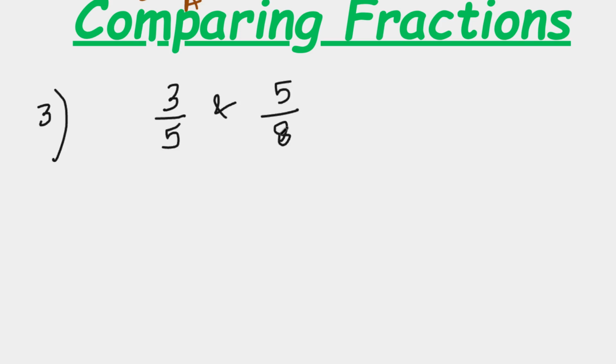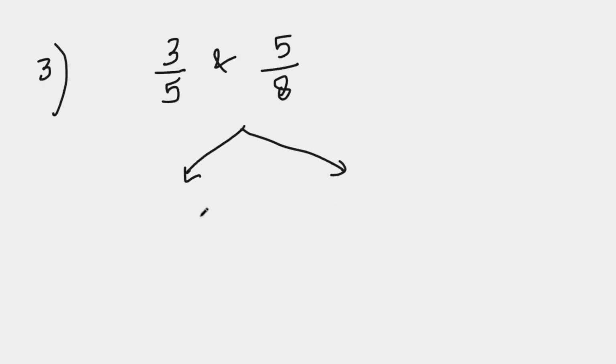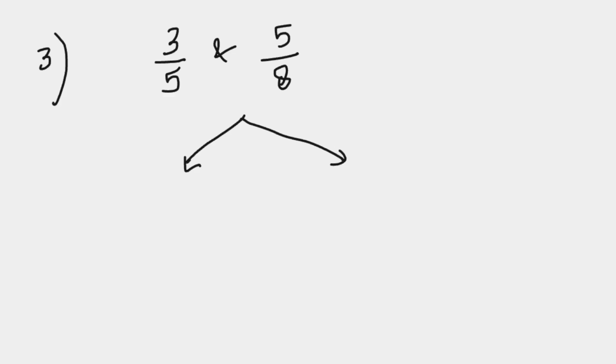Here you see numerator and denominator both are different, so we can use two different methods to compare. First is to make the denominators equal. We have already done this, you can check my previous videos. I'll mention the link in the description box.